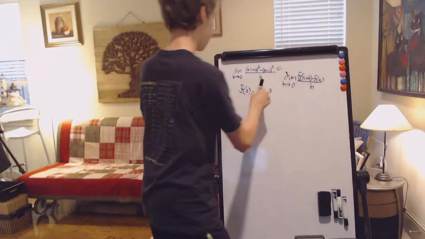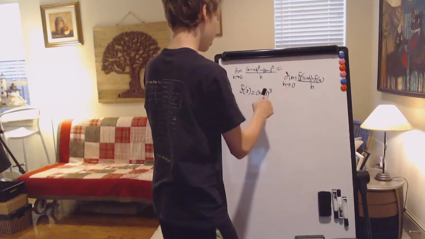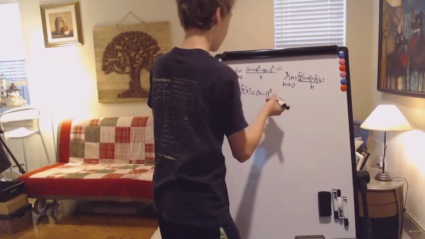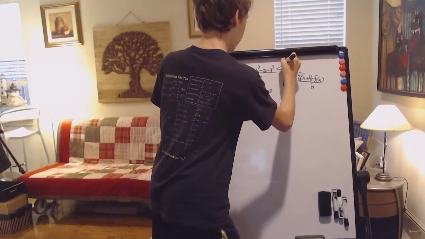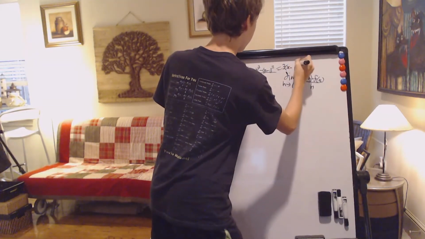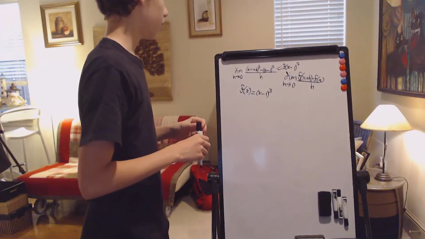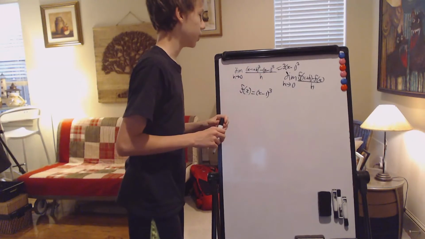If we derive this using the power rule, we don't really need the chain rule here. We get 3 times (x minus 1) all squared. And when is this value at its smallest?